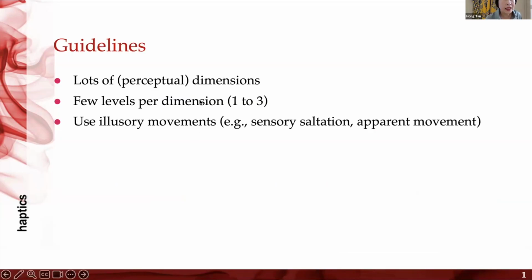The other thing is don't use so many levels per dimension. Because if you have 7 levels of amplitude, 7 levels of frequency, and then you ask people what level is the amplitude, what level is the frequency, you mix them together, that gets very hard very quickly. So you want to use only 1 to 3 levels per dimension.